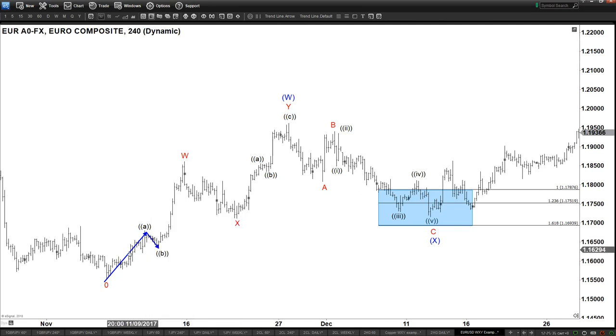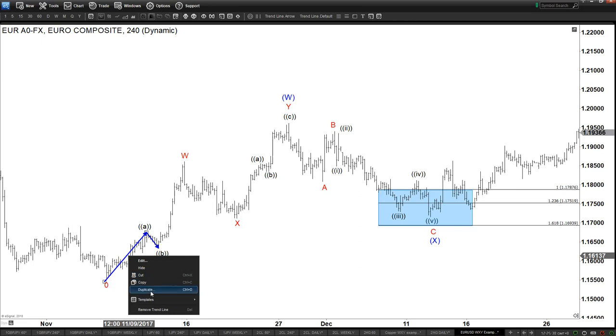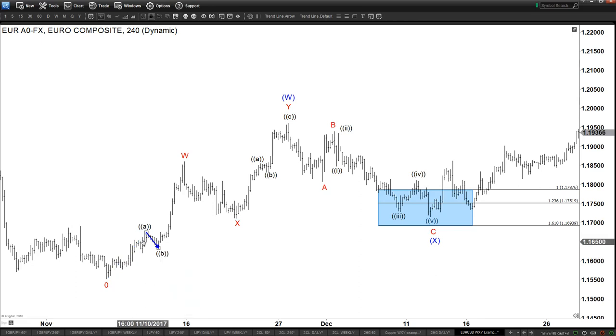So in this particular case, we got what looks to be a zigzag on the left side. This one, right? This one is a zigzag. So two corrective structures combined together, that's the definition of a double correction or a WXY.